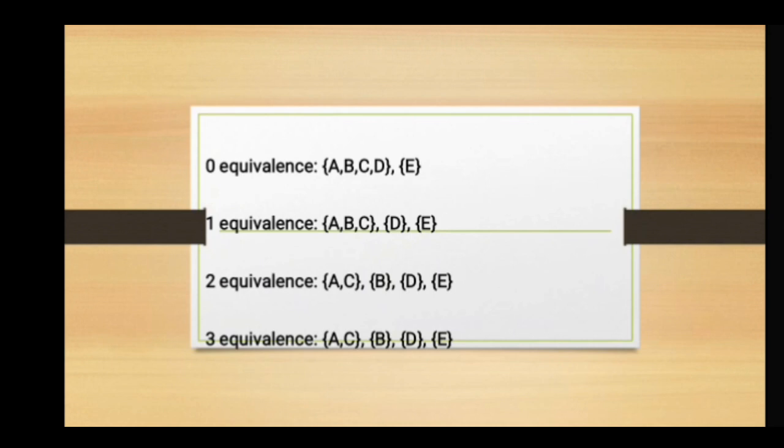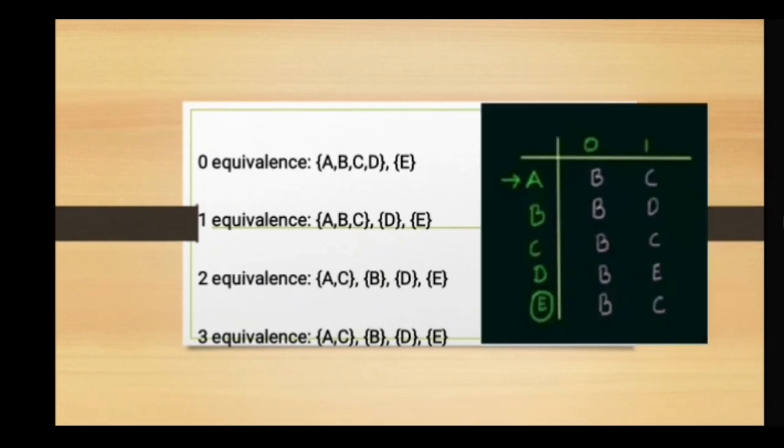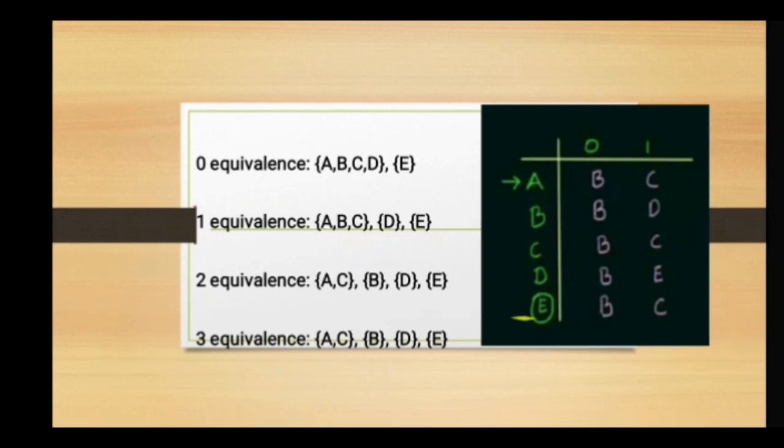So here is 0 equivalence. E is our final state, and the rest are the non-final states.